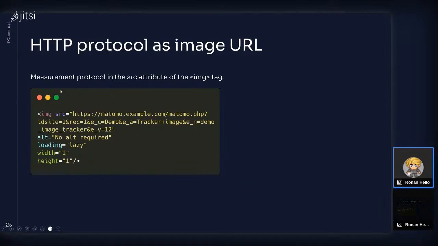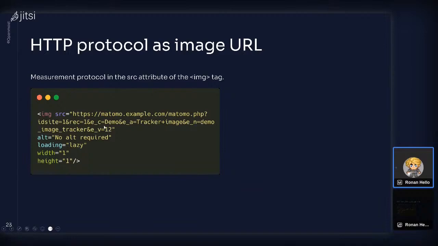So here it's basically an HTTP protocol as an image URL. It's a measurement protocol in the SRC attribute of the image tag. So in our image tag SRC, we are fetching the Matomo instance. And as you can see in this example, we are sending event category is demo, event action is tracker image, and event name is demo.